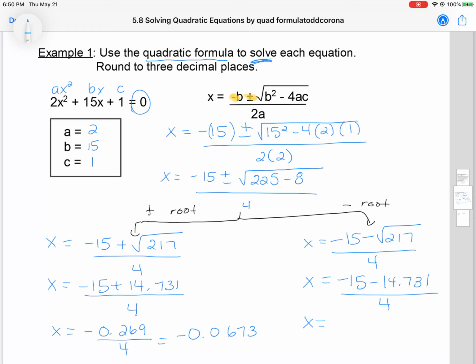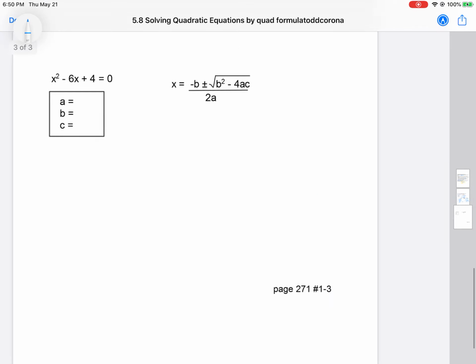Not that you couldn't do it in your calculator again, just to check you were right. I'm running out of room there, so I'll just do 2 decimal places. Okay, so now we have 2 answers. Eventually, in the last lesson for this section, 5.9, we're going to talk about what the roots mean. Yesterday we got one positive x value and one negative x value. We didn't get that here, but we're not too concerned because it's just a random equation.